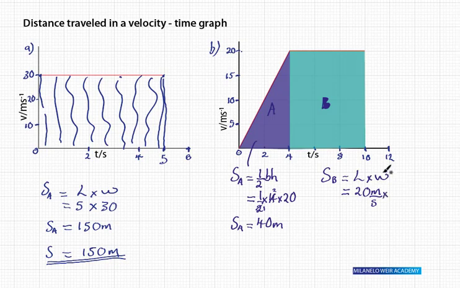Times width. This is time in seconds. For this one it is from here to here. What is this? 10 minus 4 is equal to 6. 6 what? Seconds. So it is 6 seconds.